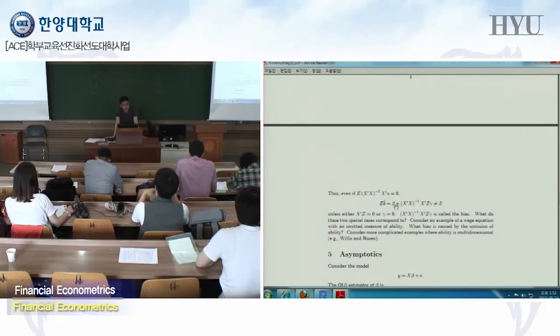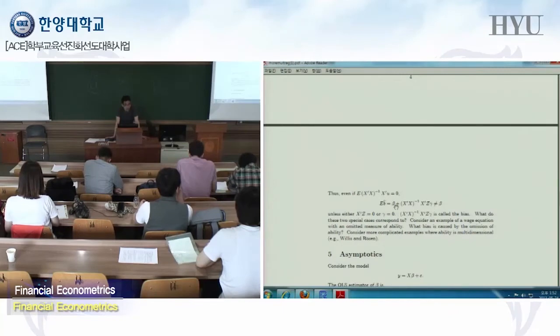So if we omit an important variable, then our OLS estimator is not unbiased anymore. Our OLS estimator is now a biased estimator of the true beta.